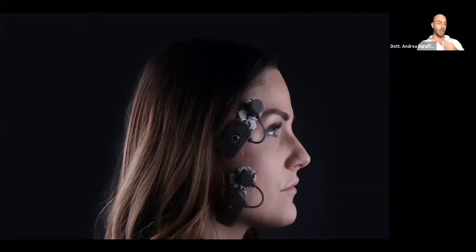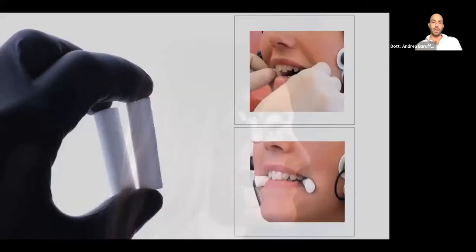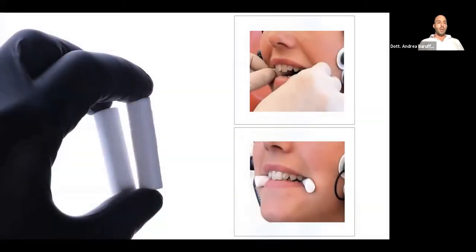This is the correct position of the electrodes. And on the other side of the patient's face, obviously, we do the same thing. Before we start, we need to calibrate Titan, and for this we make the patient clench on 2 cotton rolls, 1 per side.